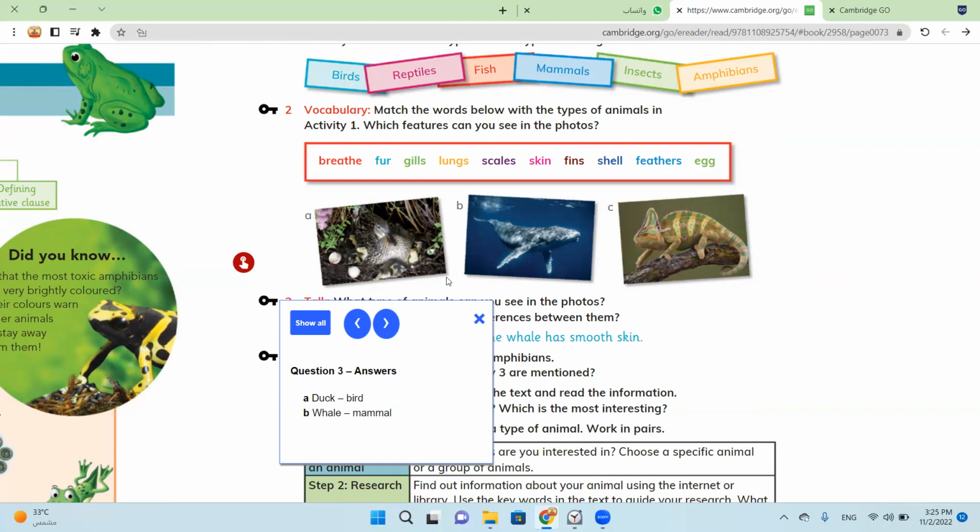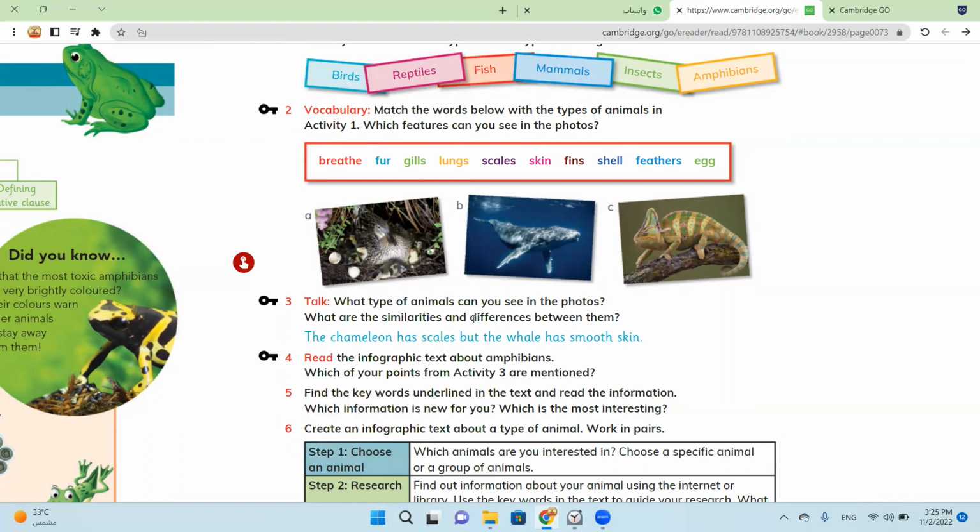And finally, the chameleon belongs to reptiles. But do they share similarities? No, I don't think there are similarities, but there are differences. For example, the chameleon has scales, but the whale has smooth skin. They are different.